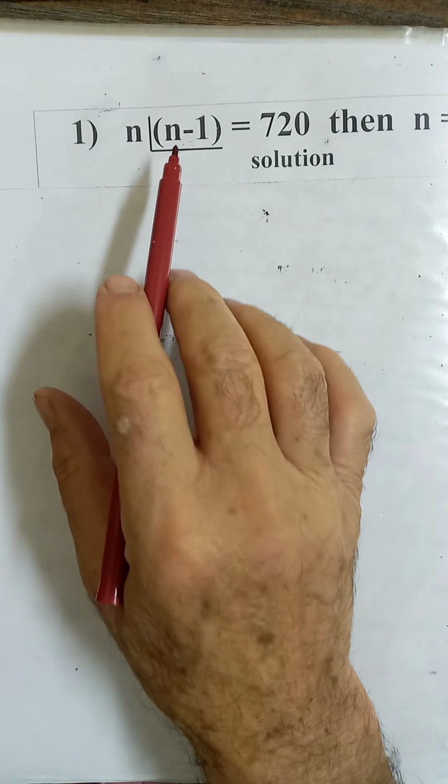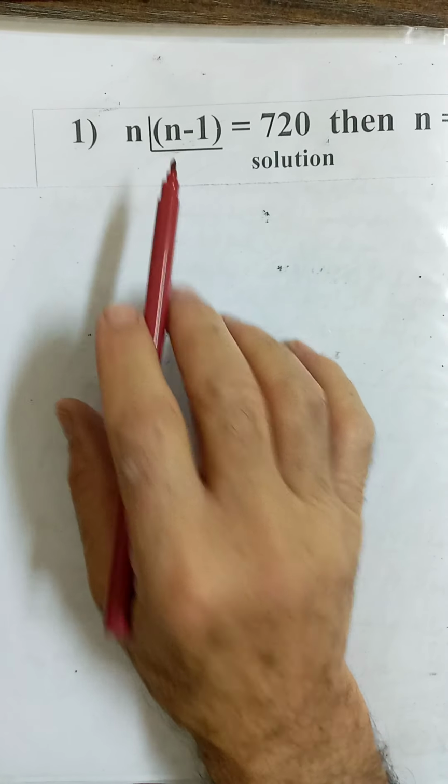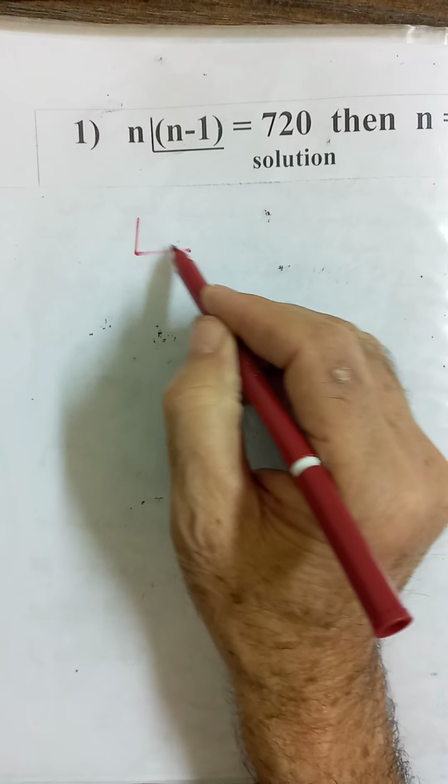Here you can write the left hand side in the form factorial n.